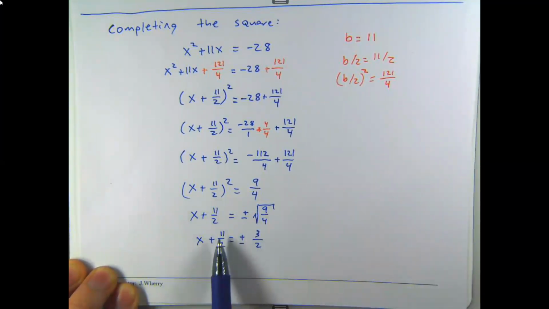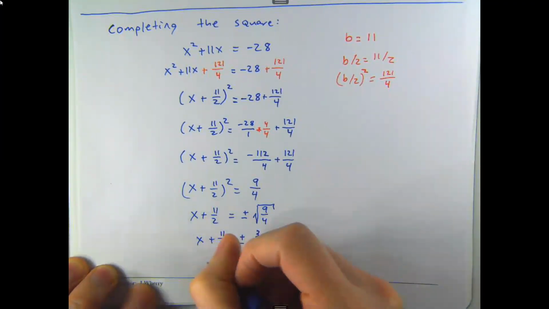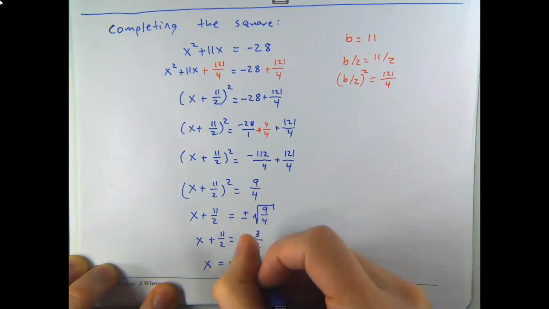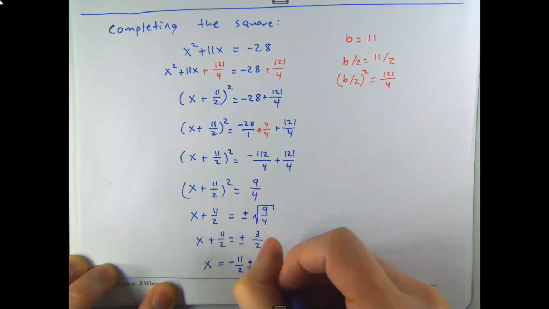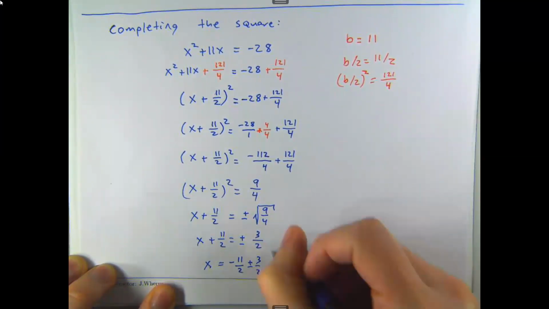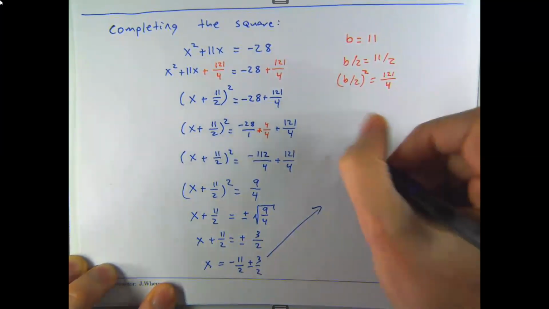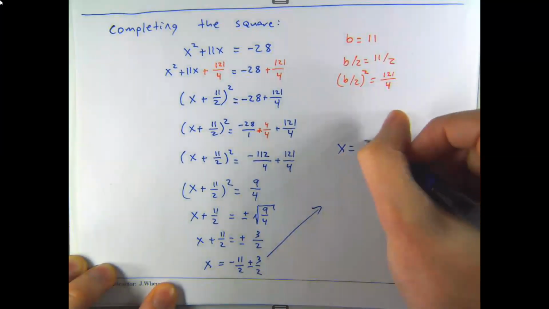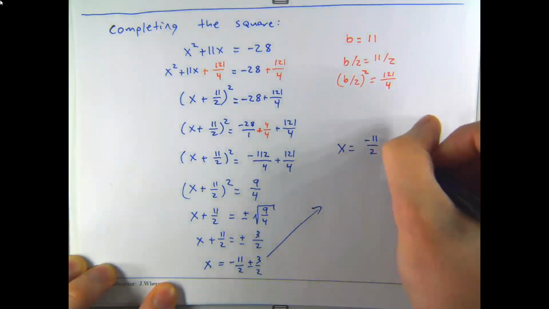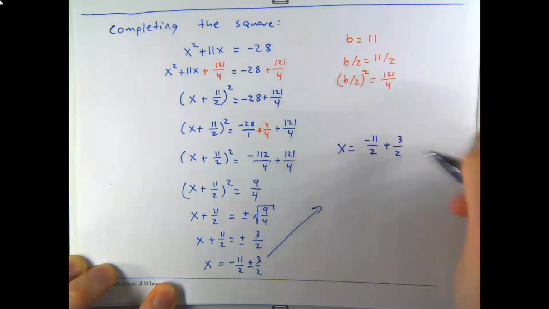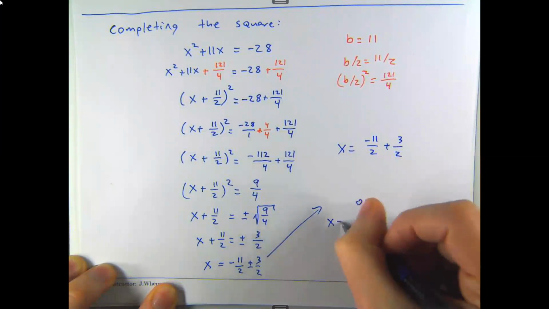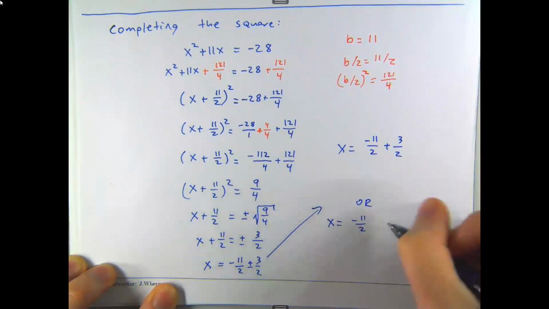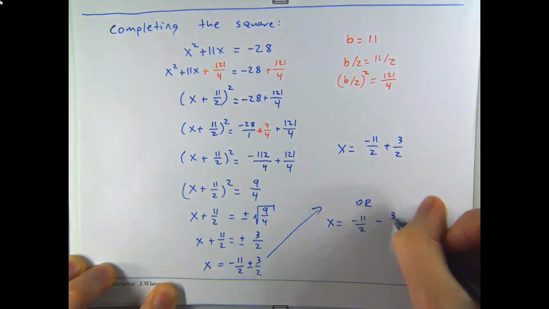I'm going to subtract this 11 over 2 to the other side. So minus 11 over 2, plus or minus 3 over 2. And here are my two answers. I've got x equals negative 11 over 2 plus 3 over 2. Or I have x equals negative 11 over 2 minus 3 over 2.